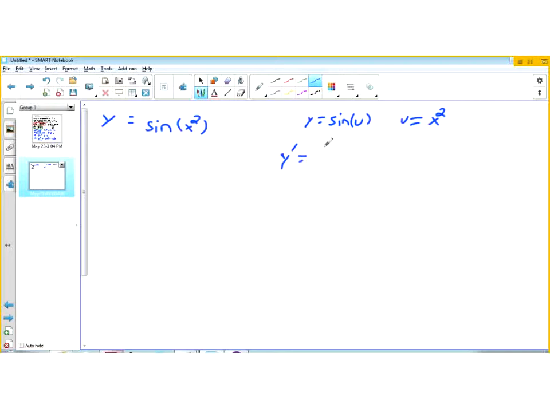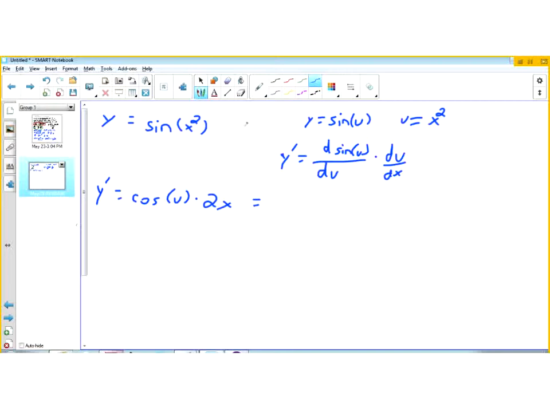would equal the derivative of sine u with respect to u times the derivative of u with respect to x. When we perform this calculation, we know the derivative of the sine function is the cosine, so y prime is equal to the cosine of u, and du over dx is 2x.